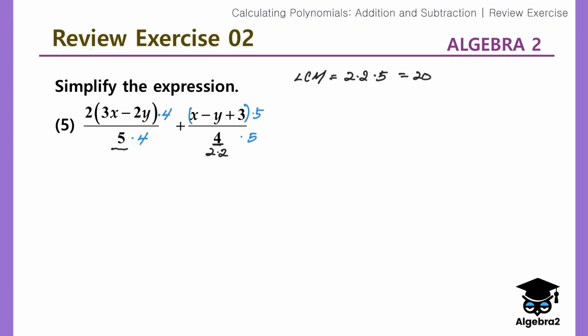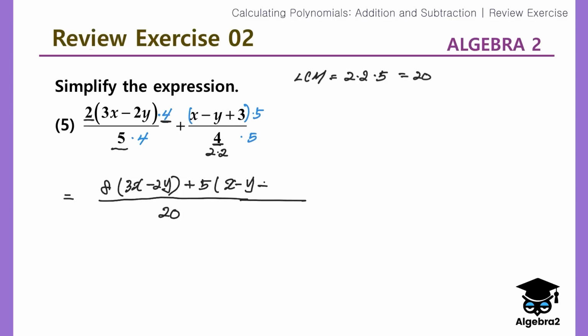Okay? So that is equal to, our common denominator is now 20. And 2 times 4, that's 8. So 3x minus 2y plus 5 times x minus y plus 3. Right? So let's solve the parentheses.